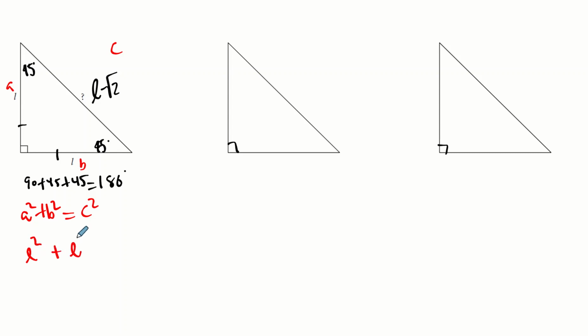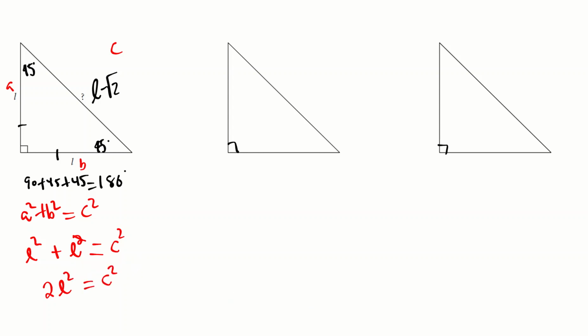B is L squared. And we want to see if this equals c squared. So c squared. It should be a 2. All right. So now L squared plus L squared is really 2L squared. That is equal to c squared.